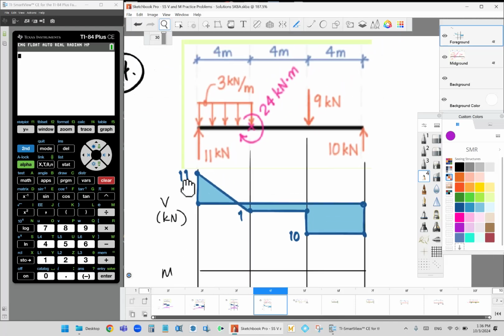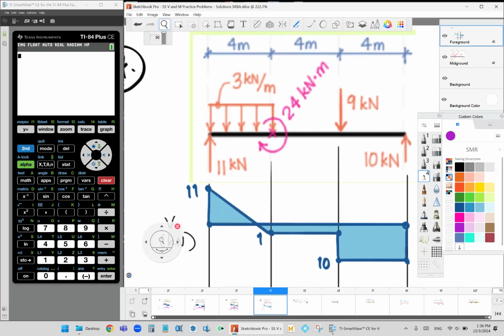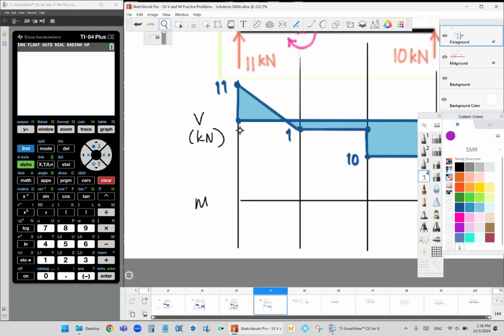And so the first challenge to this one is that I need a new line, and my new line is going to go like this. What I want to do is capture where my shear force is 0, because I need to take this area and make a positive increase in moment.